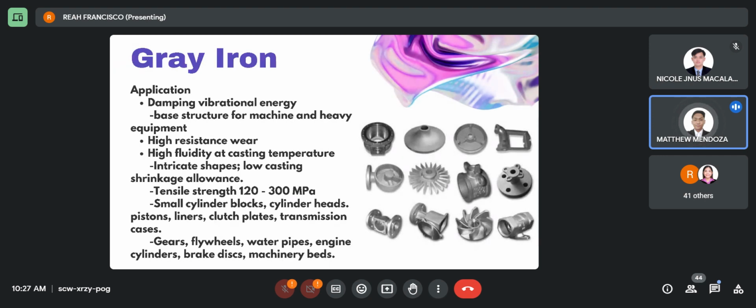Then yung tensile strength niya is 120 to 300 megapascals. So yung products po is more on sa small cylinder blocks, cylinder heads, pistons, liners, clutch plates, transmission cases, gear flywheels, water pipes, engine cylinders, brake discs, and yung machinery beds po.